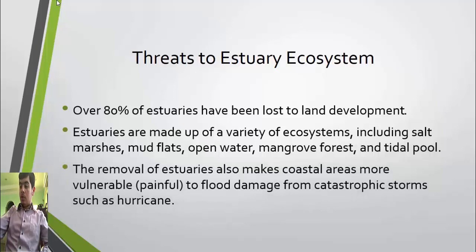The removal of estuaries also makes coastal areas more vulnerable to flood damage from catastrophic storms such as hurricanes. For example, one of the causes of loss of estuary, meaning the removal of estuary, is hurricane.